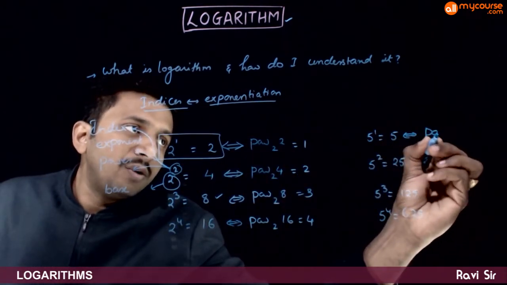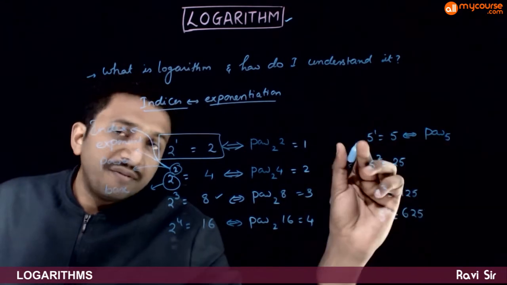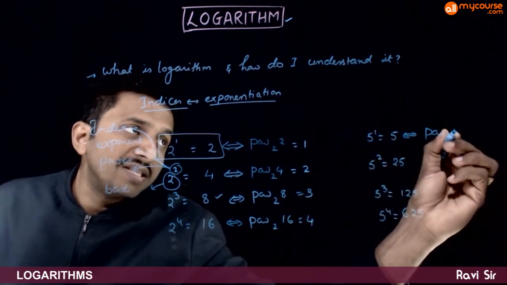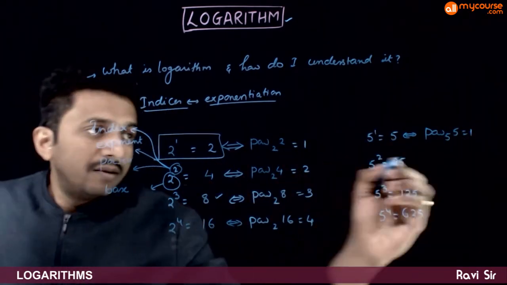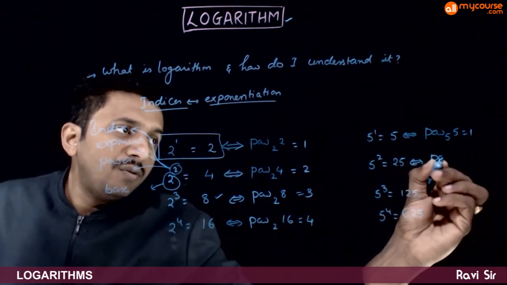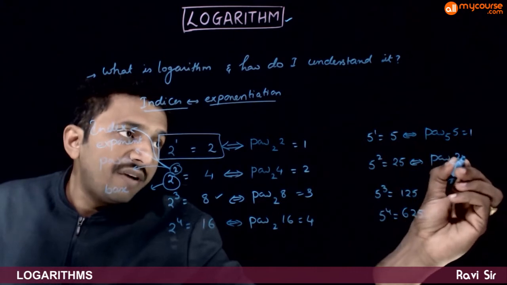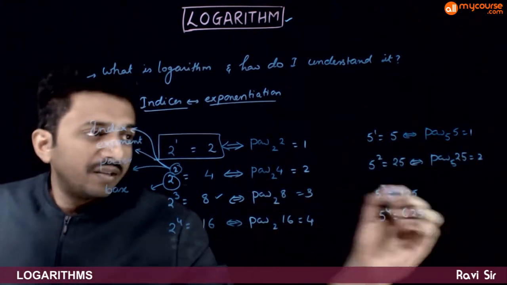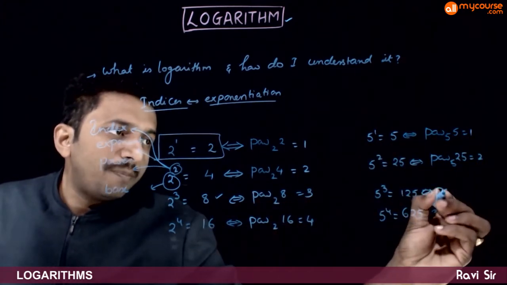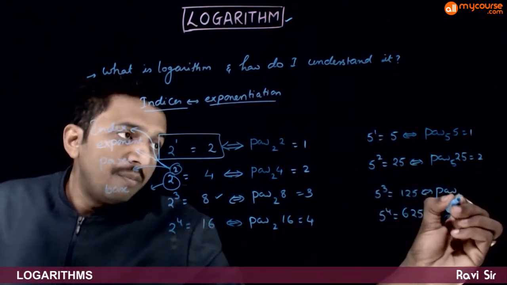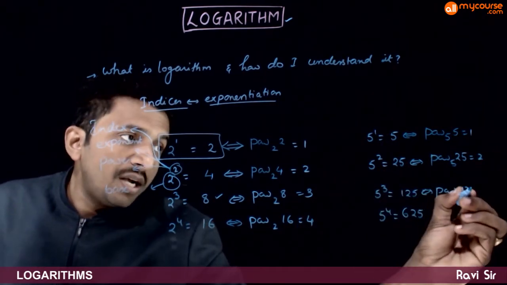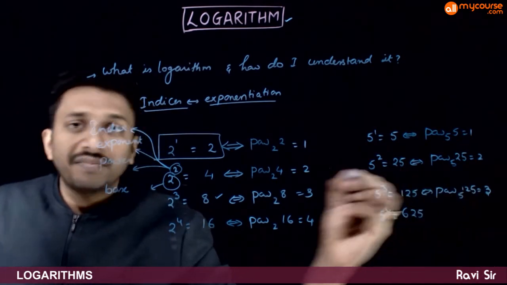What is the power to which the base 5 has to be raised to get 5 as the answer? The answer is 1. What is the power to which base 5 has to be raised to get 25 as the answer? The answer is 2. What is the power to which base 5 has to be raised to get 125 as the answer? The answer is 3.